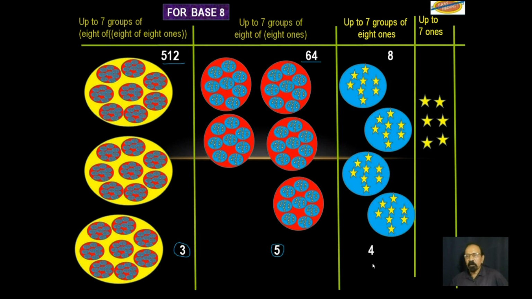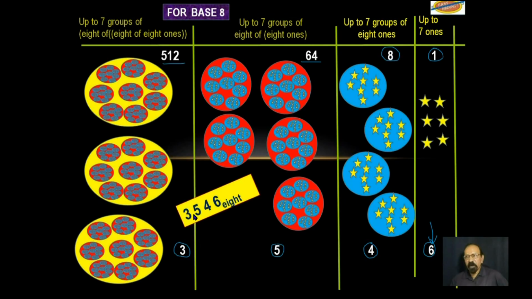And we have 4 groups of 8. So 4 is a face value, 8 is a place value. And we have 6 single stars. So 6 is a face value, 1 is a place value.